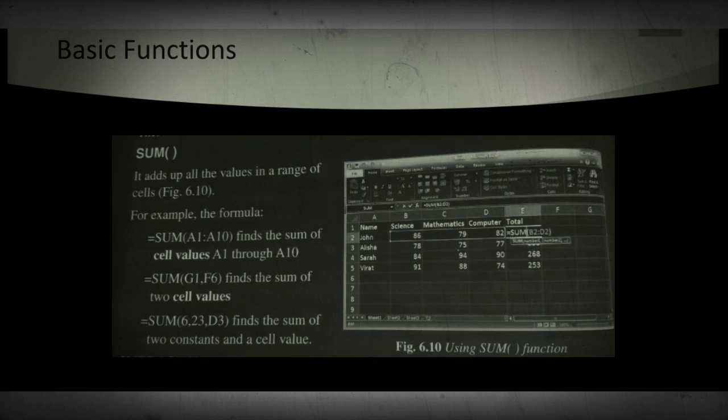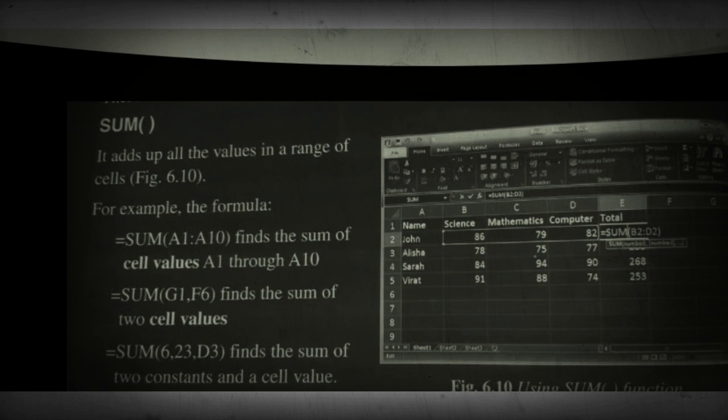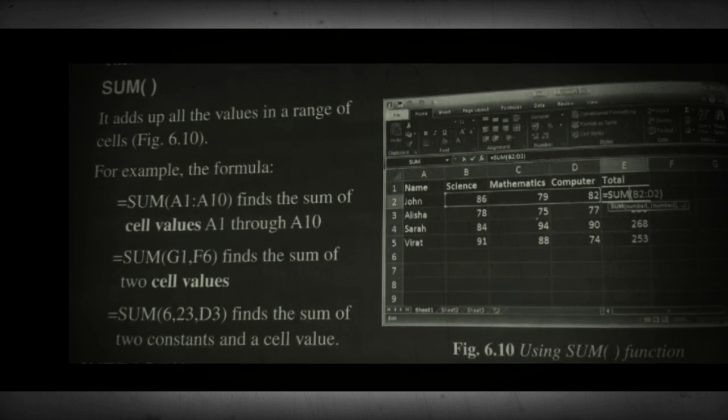Alternatively, you may use the sum function and simply type SUM colon D1 to D10. These commonly used functions and their examples are given below. You can see some examples.